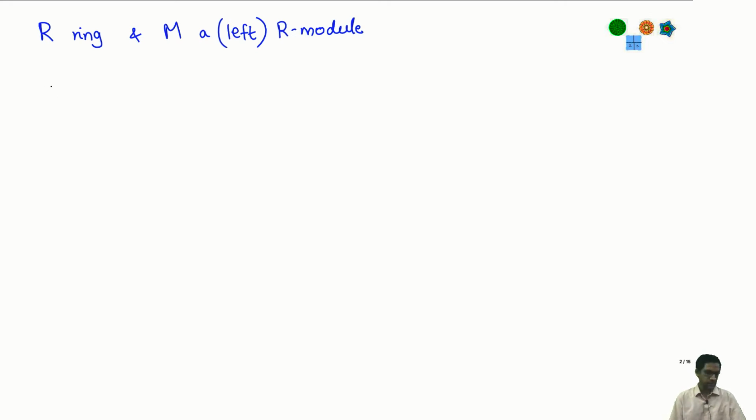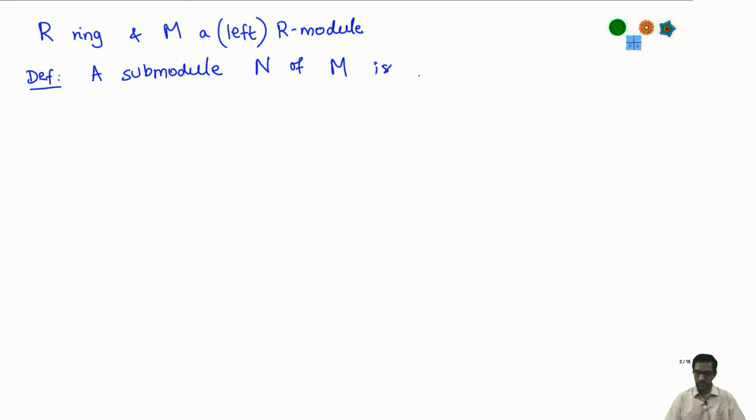Suppose I have an R module. Then, definition: a submodule N of M satisfies two conditions.